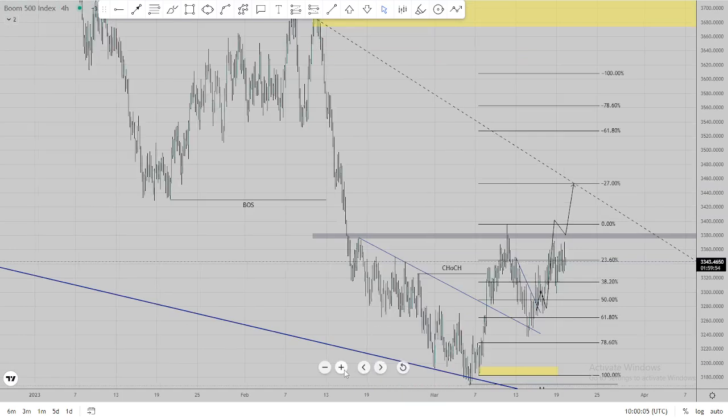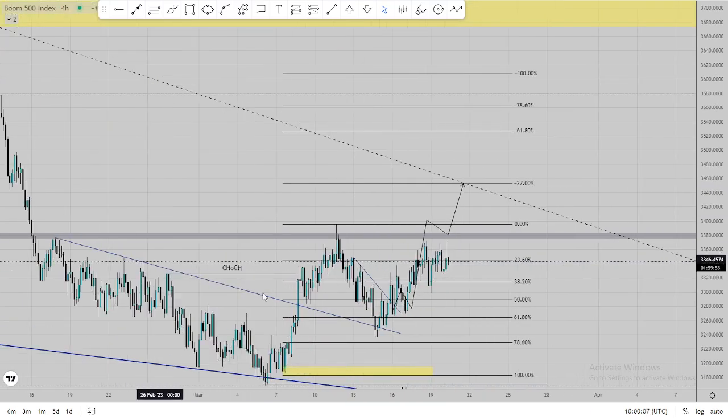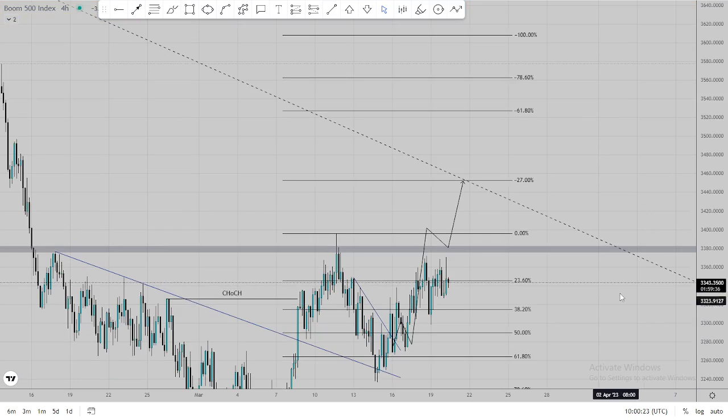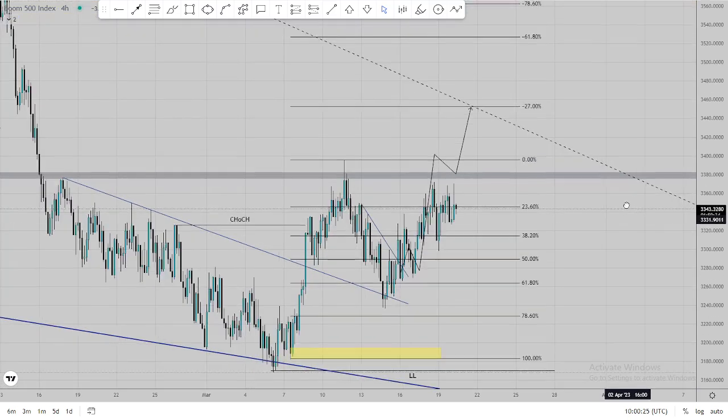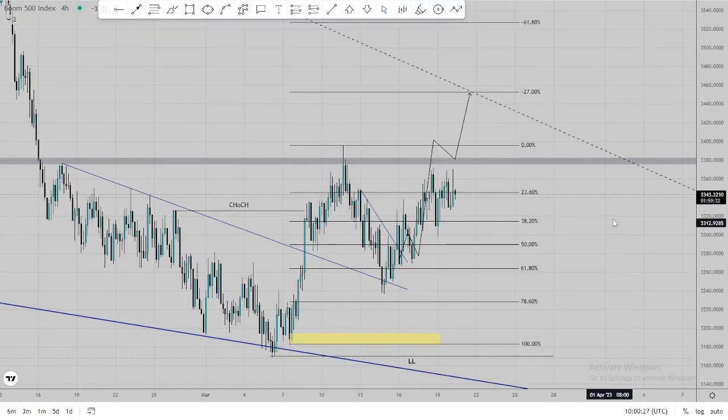I had this counter trend line break, retest. I'm expecting the market to push higher towards the negative 27%, because upon the retracement it will test at 61.8. From there my first target is 0, second negative 27%. That was a very easy trade.